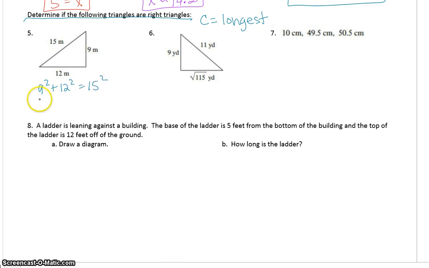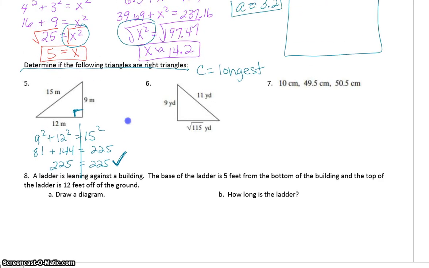Well, 9 squared is 81, 12 squared is 144, 15 squared is 225. Notice I'm not solving anything, I'm just seeing if the left-hand side matches the right-hand side, if it makes a true statement. I get 225 equals 225. That is true, the Pythagorean theorem does work, so this is indeed a right triangle.